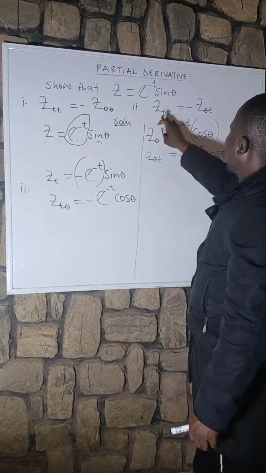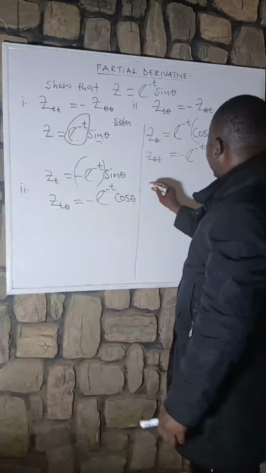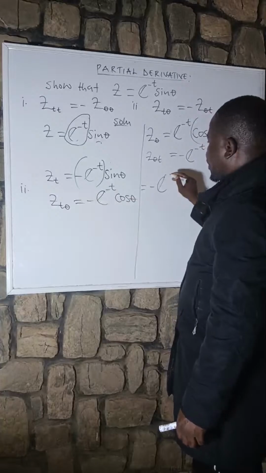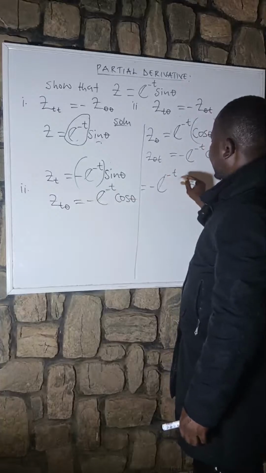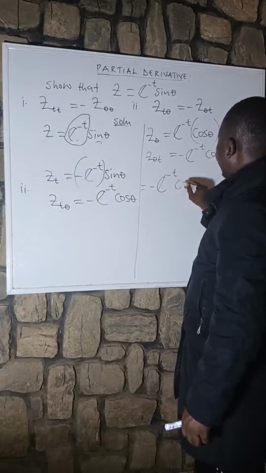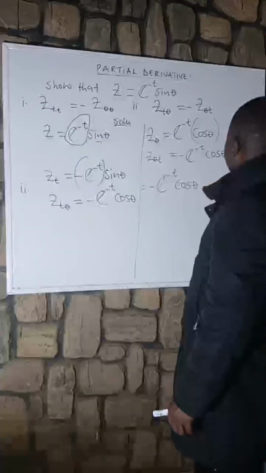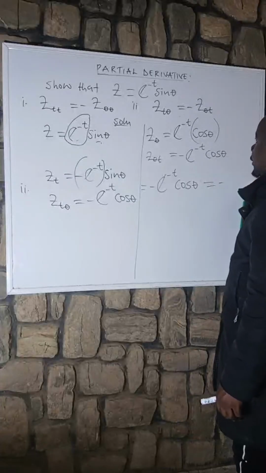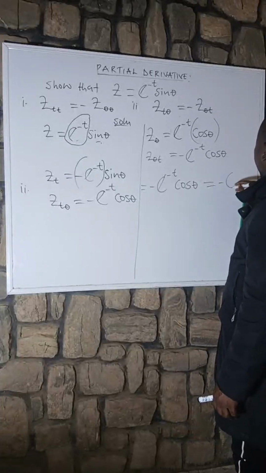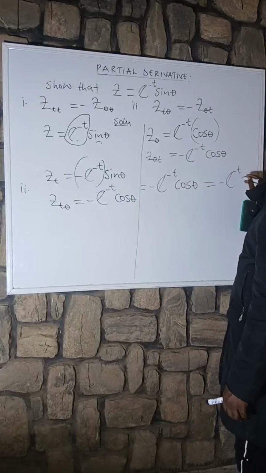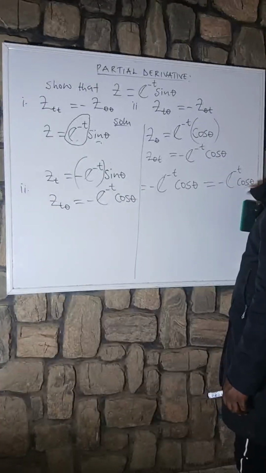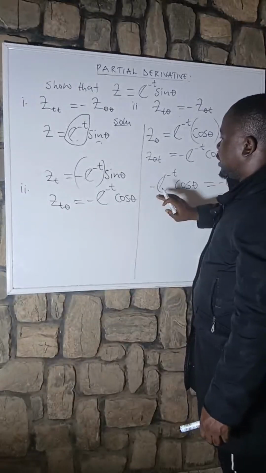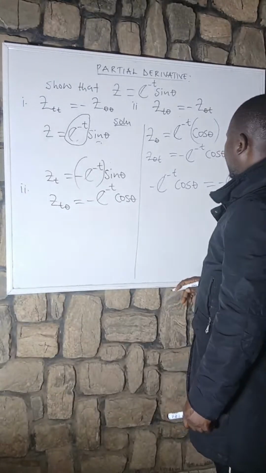So as you can see, the left hand side is this. So here we are going to have minus exponential minus t cos theta is equal to minus exponential minus t cos theta. This is where you are supposed to stop.